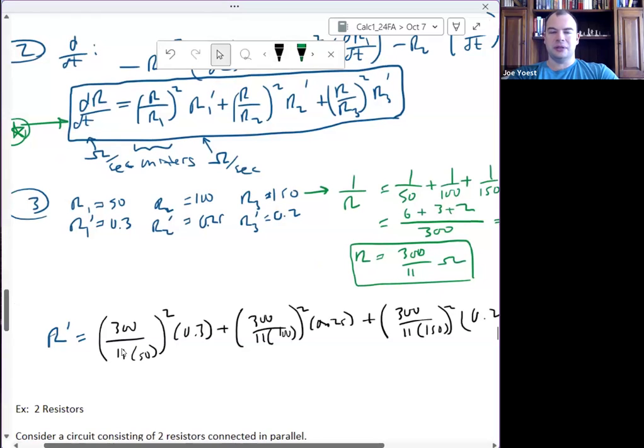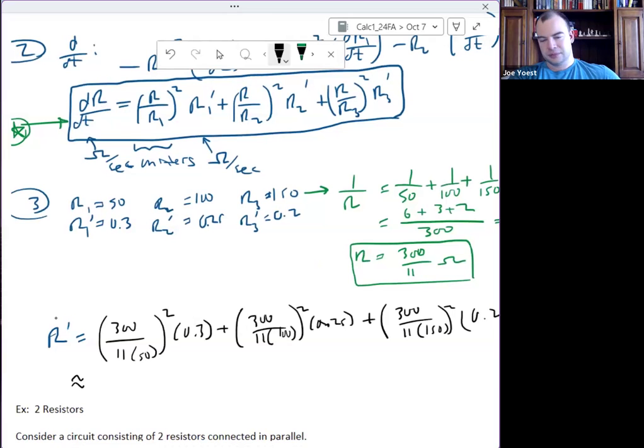Now, a lot of the stuff in the parentheses simplifies out, like 300 over 50 is just 6, so the 6 over 11 squared times 0.3 and so on. When I did this, what did I get? I got about 0.11446. Those are fours, not nines. OneNote loves to try to help me with that.